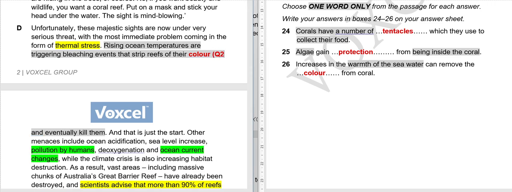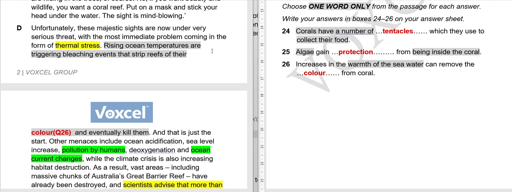Question number 26. Okay, I will tell you why this is the correct answer. They are saying that increase in the warmth of sea temperature, and for this particular wording, it is written rising ocean temperatures can remove the dash from coral.